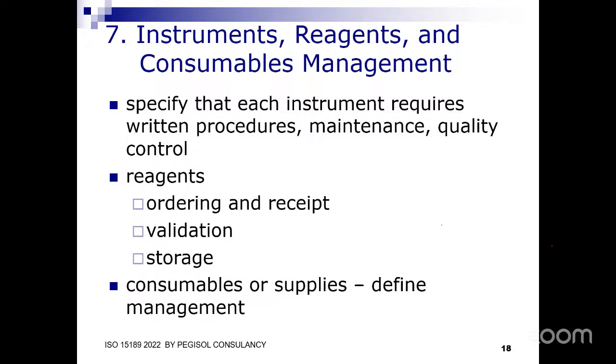Now let's say storage, storage of samples. Every sample that comes into the lab will be discarded after 7 working days. Those are quality statements. It shows what the organization stands for when it comes to storage of that reagent or storage of that. Let's say, for example, we can say no reagent that has expired or is past its expiration date can be used to run any patient sample, any patient test.